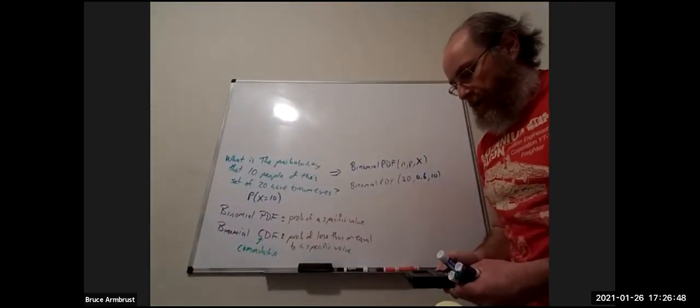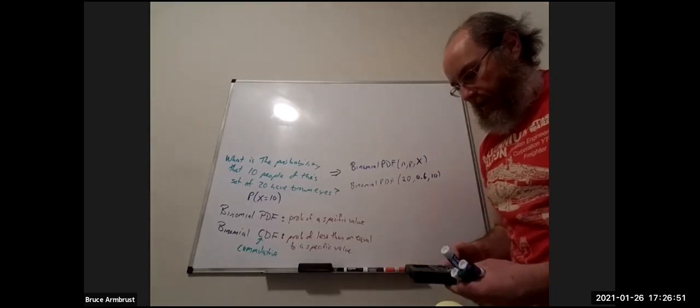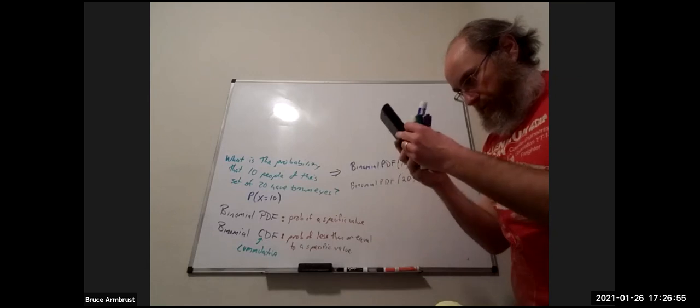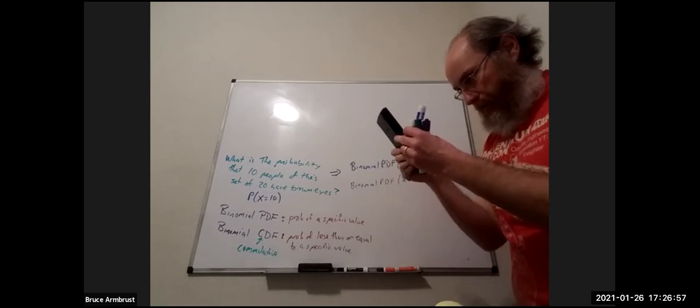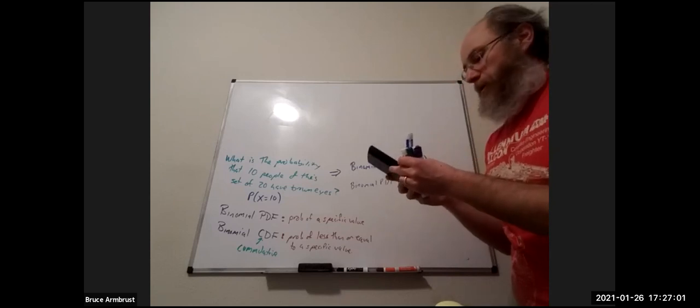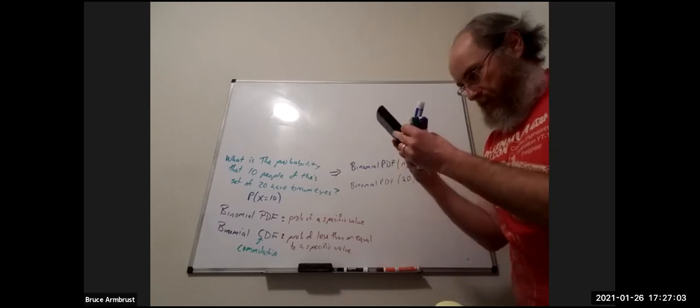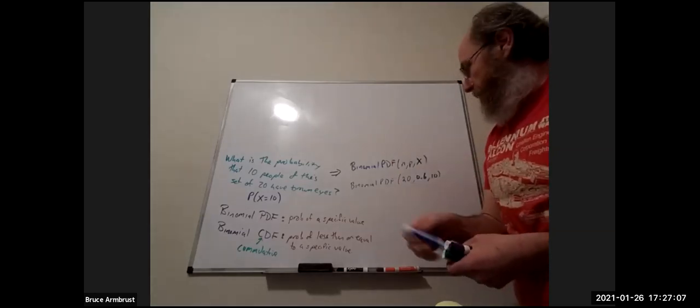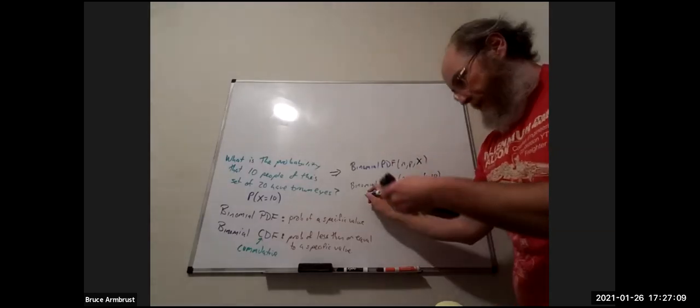All right, now I'm going to go ahead and calculate this using my calculator. And then this way you can go back once you figure out how your technology works, and you can plug in these numbers and see if you get the same thing. All right, so my calculator thinks for just a minute.